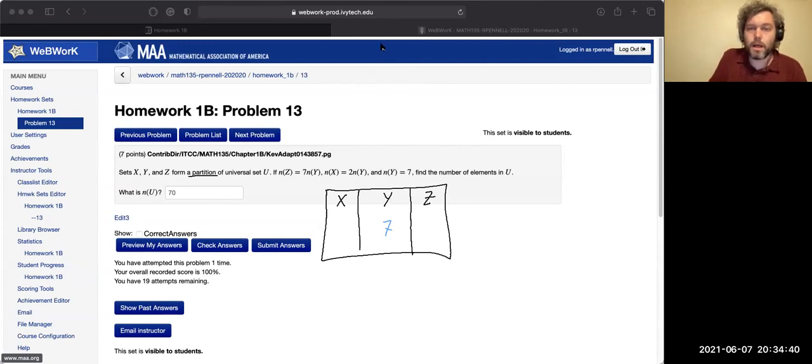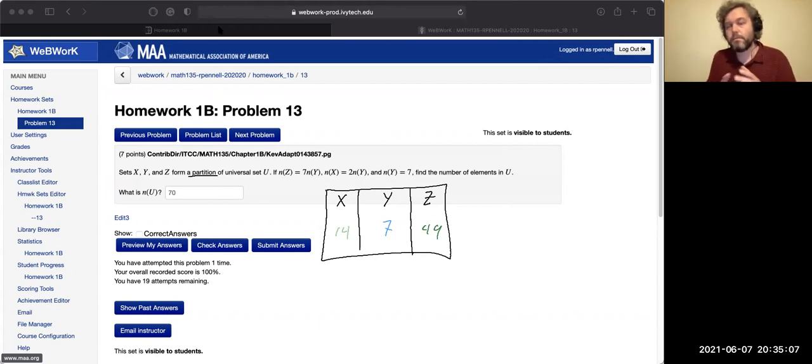They said that X equals 2 times Y. Well, Y is 7, so that equals 14. And Z equals 7 times Y, so 7 times 7 is 49. So what does the universal set equal? The sum of those, and I have 70 there.